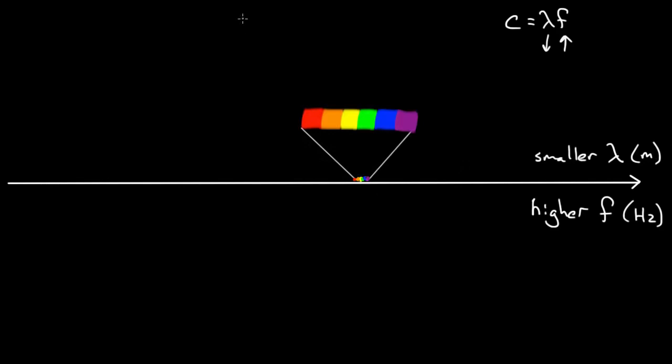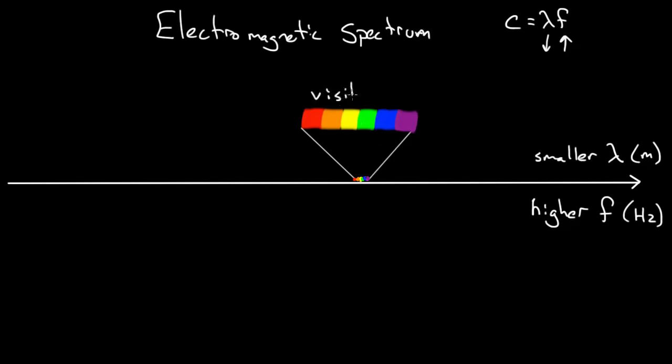This whole thing is called the electromagnetic spectrum, and the visible spectrum is just right here. This would be the visible spectrum, visible between red and violet. If I ask you what frequency red is, that would be around 4 times 10 to the 14th hertz.